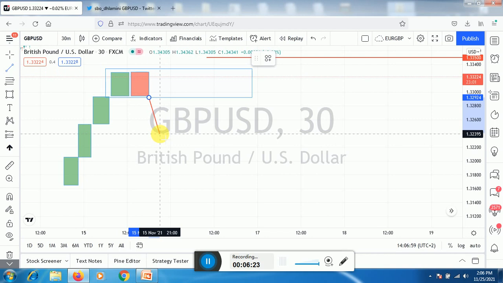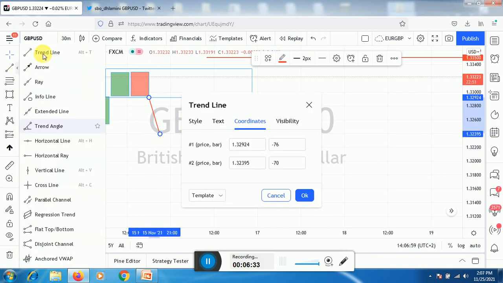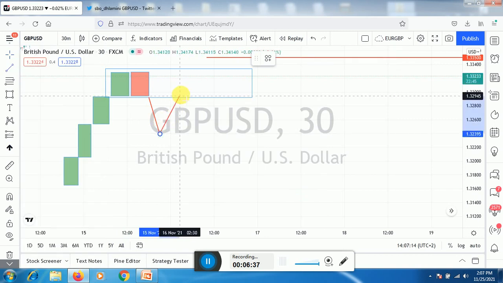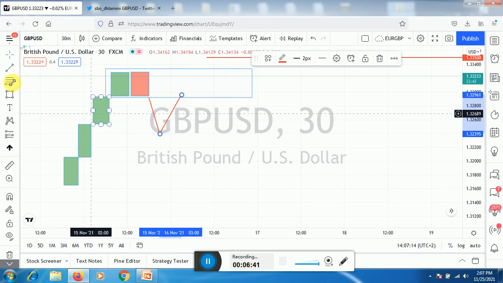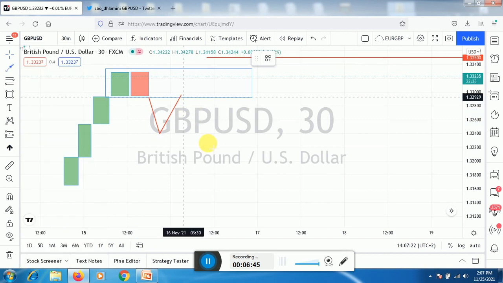But if ever the market comes back to this level, it will get rejected and then it will start trading lower again.